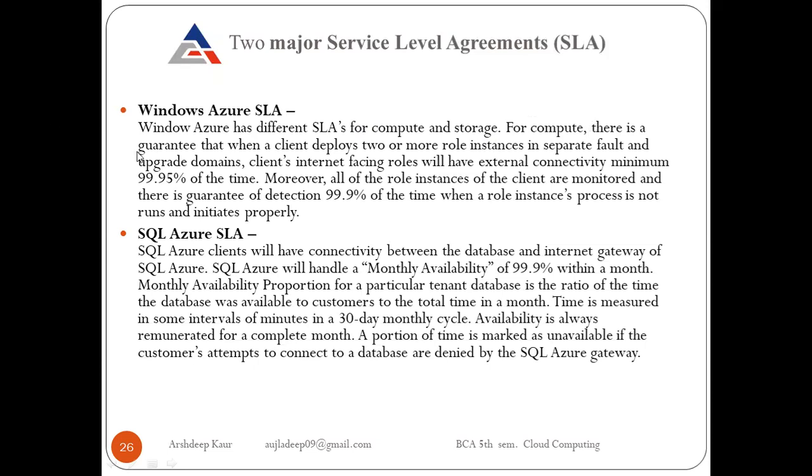For compute, there is a guarantee that when a client deploys 2 or more role instances in separate fault and upgrade domains, the client's internet facing roles will have external connectivity minimum 99.95% of the time. So it has different rules. If we go for compute, we have some other factors. If we go for storage, we have some other factors.